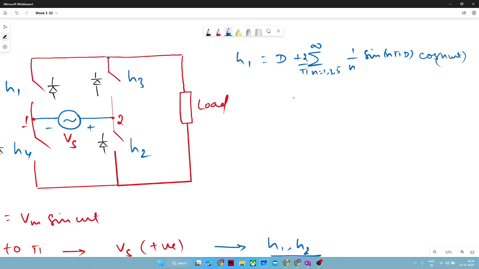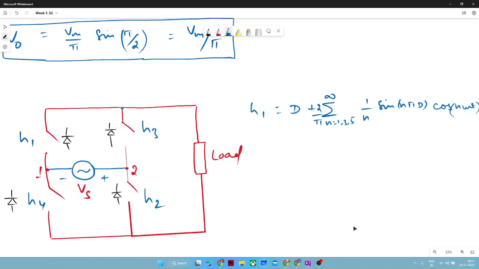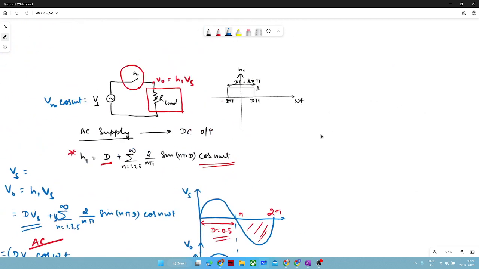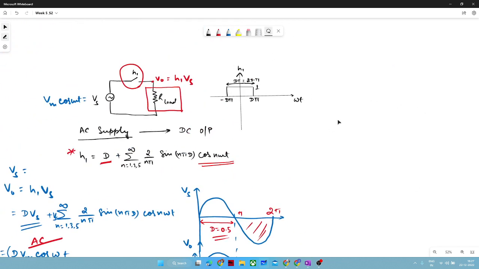This is the switching function I have decided for H1. I am considering this to be the pulse for H1.